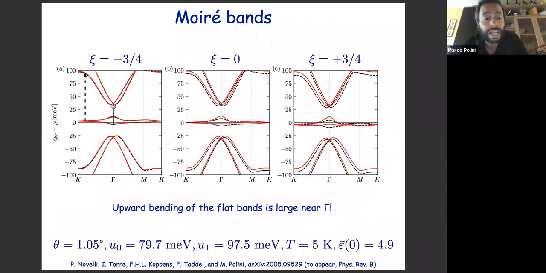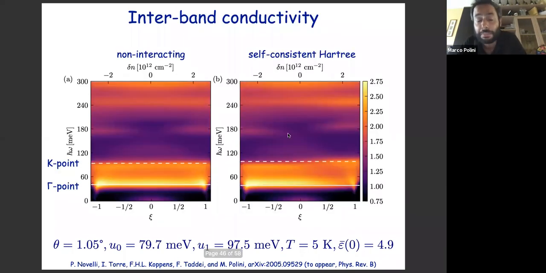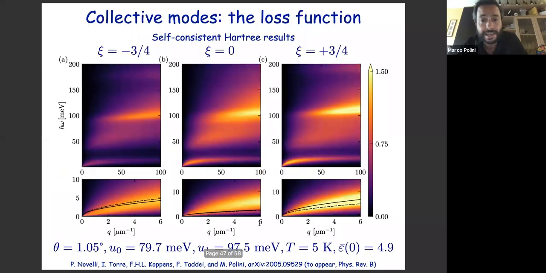And then at higher energy, there is another transition, this time coming from states near the K point rather than the gamma point. So the real part of the optical conductivity carries this very useful information on the remote bands.